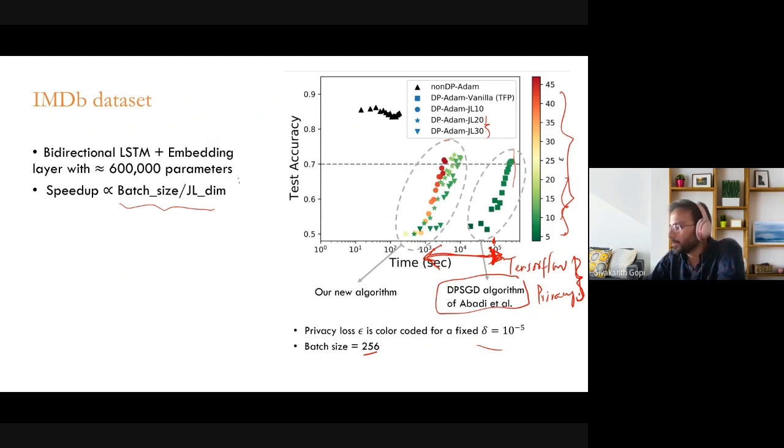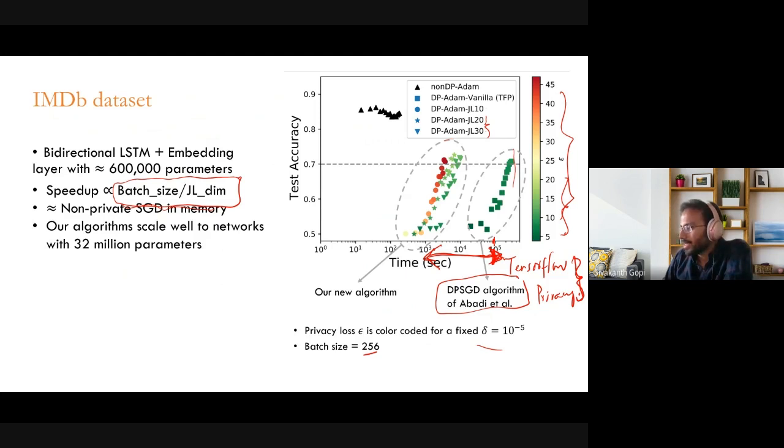So the speed up should be more like this, but that can still be significant if the batch size is large. In terms of memory, we are pretty similar to non-private SGD, so we don't consume much more memory. We also experimented with much larger networks, like 32 million parameters, and it works. Okay, any questions?